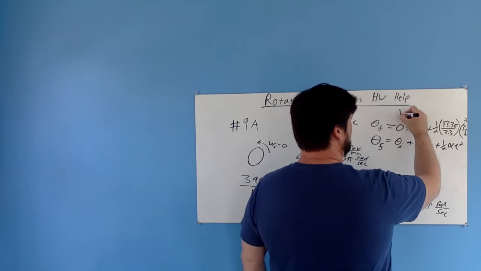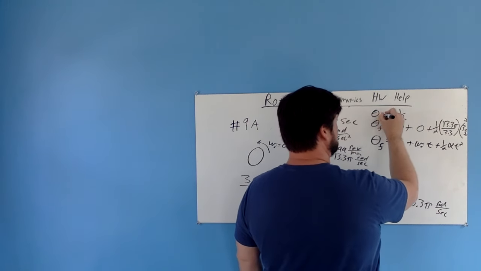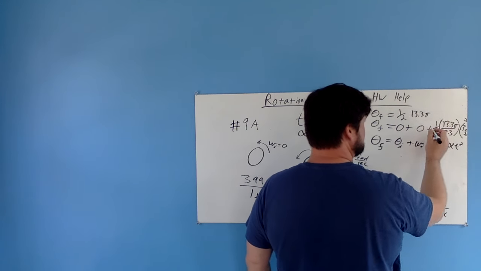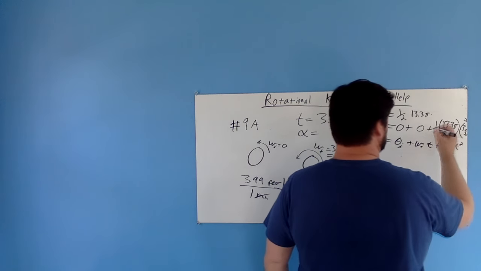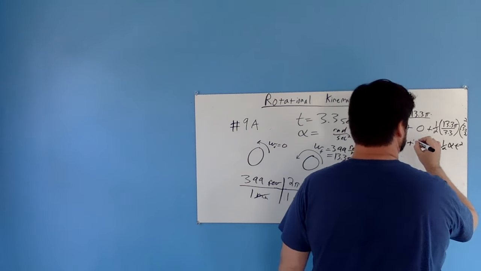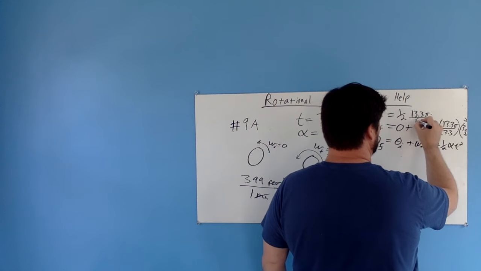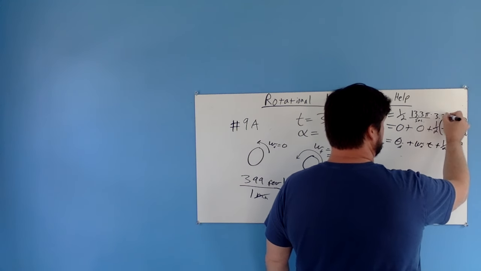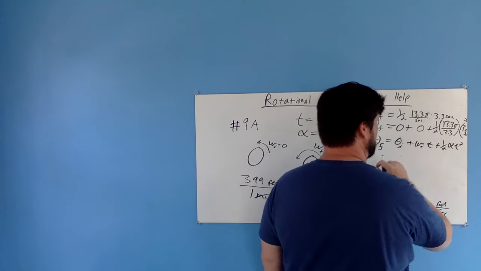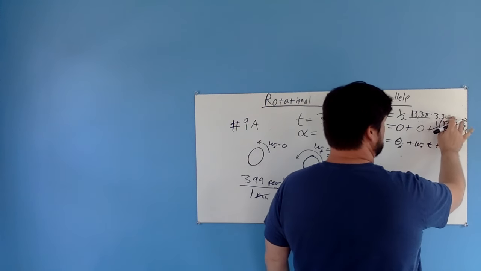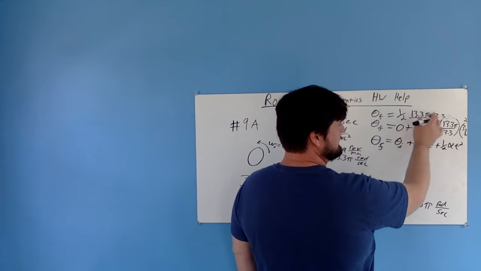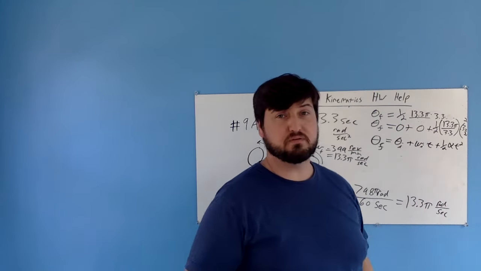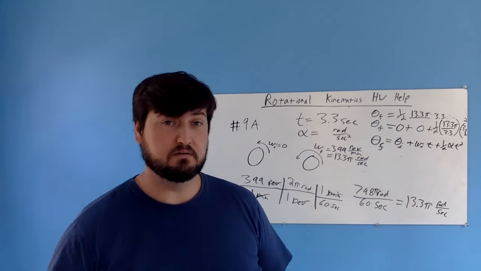So you'll end up with theta final is equal to 1/2 times 13.3 pi radians times, where seconds was squared, now it's just seconds, times 3.3 seconds. And now seconds will cancel out, so you'll end up with radians. So multiply that out, 1/2 times 13.3 pi times 3.3, you get your final position, and you're done.